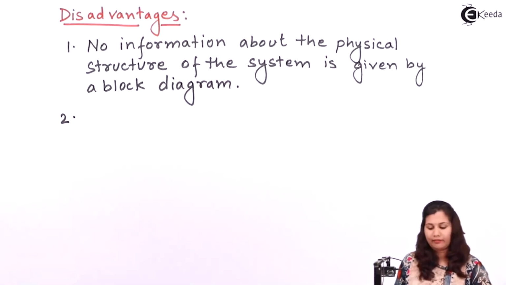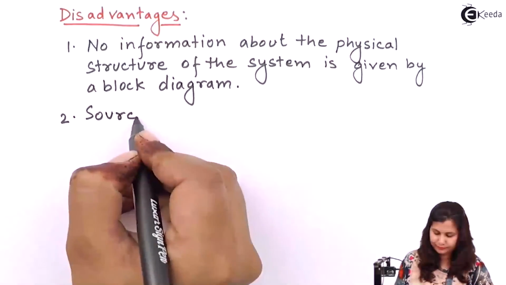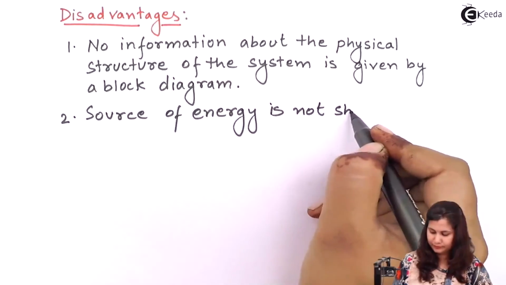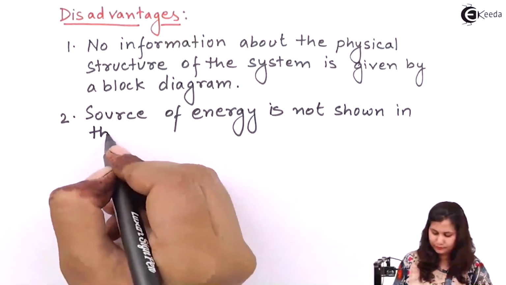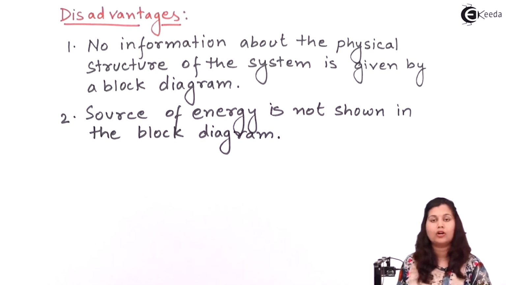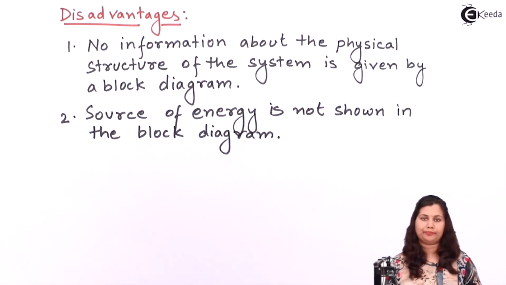The second disadvantage is that the source of energy is not shown in a block diagram. How the system is getting its energy is not represented in a block diagram. So these were the two disadvantages of a block diagram.